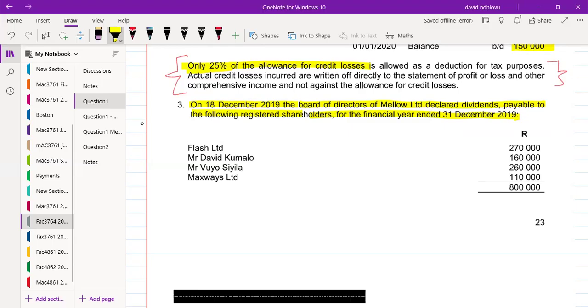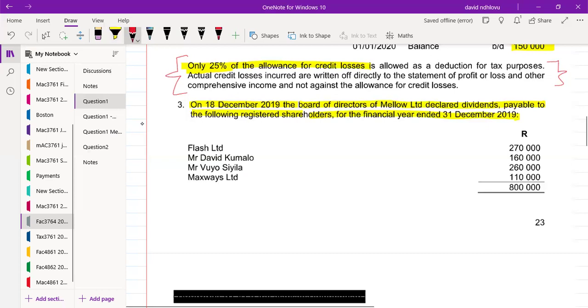Remember, we are going to say profit before tax, exempt difference, then movement in temporary differences. So we want the movement in temporary differences arising from normal operations of the company, which means arising from income and expenses appearing before the profit before tax amount.